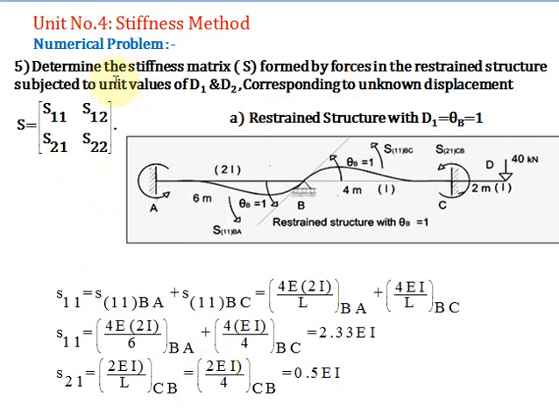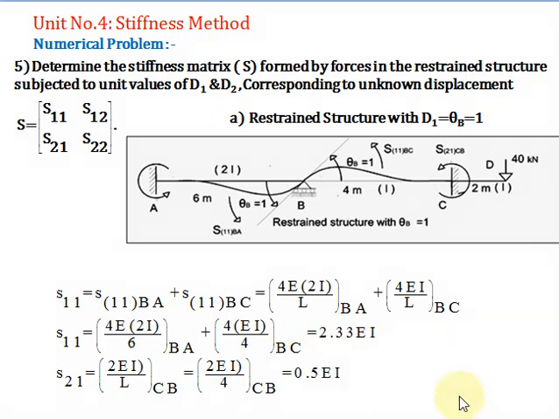While formulating the stiffness matrix, first you take the restrained structure with theta 1 equal to 1. That means you give a unit rotation at support B in the anti-clockwise direction. In that we found S11 as 2.33 EI and S21 as 0.5 EI.